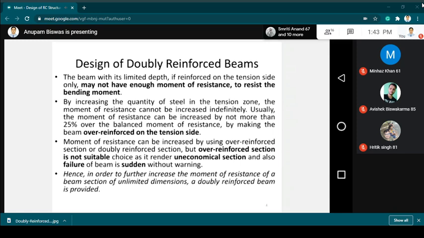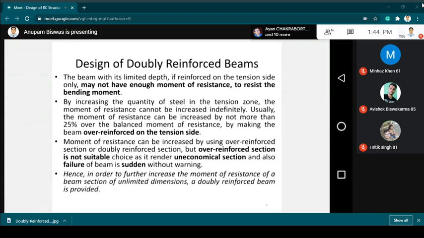So we have basically two options in hand to increase the moment of resistance of the beam.